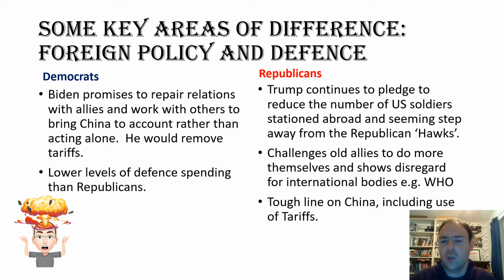So Trump has really shaken things up in terms of foreign policy, and it's difficult to absolutely pin down in terms of the normal kind of doves and hawks that we would talk about in American foreign policy.